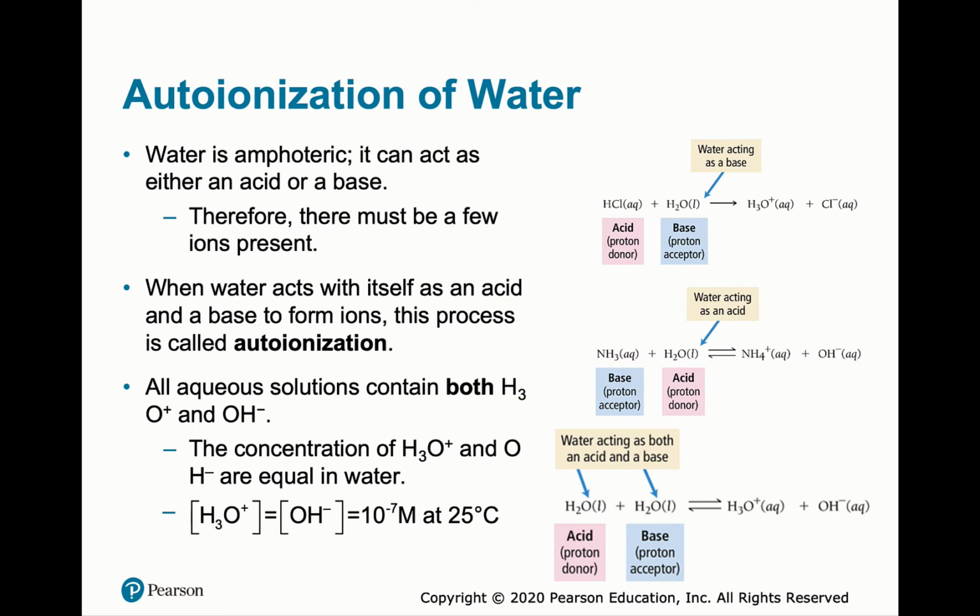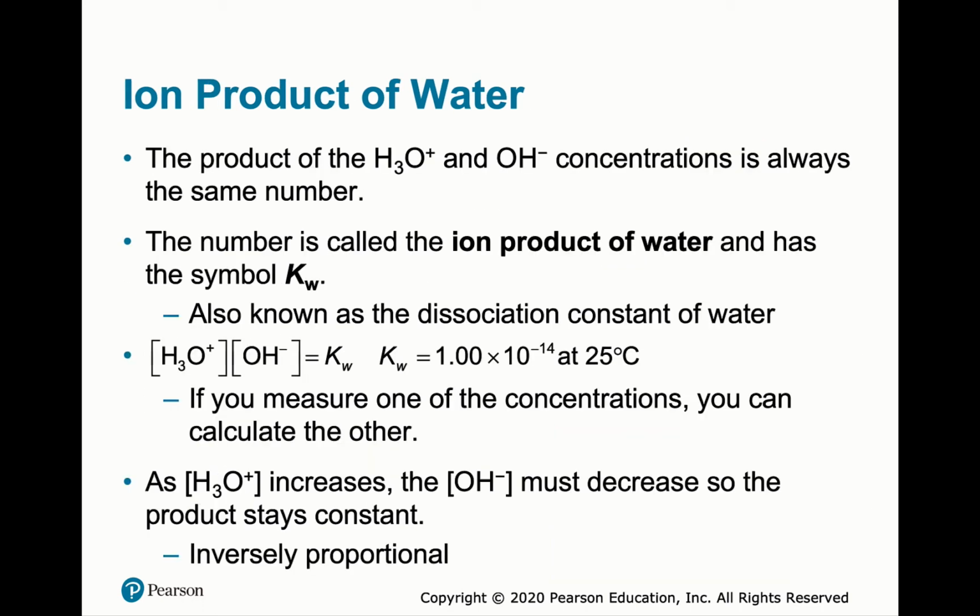So water will also autoionize. Remember, water is amphoteric. It's an acid or a base, so it'll react with itself. And the degree that it self-ionizes is to 10 to the minus 7 molar at 25 degrees Celsius. This is the concentration of hydronium times the concentration of hydroxide together. This is known as the ion product of water, or the term Kw.